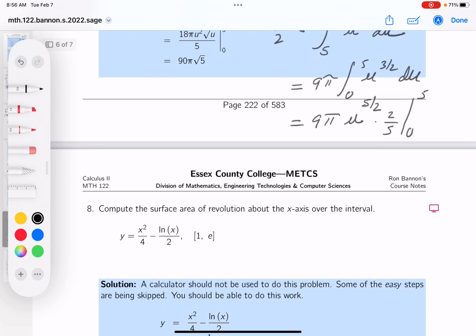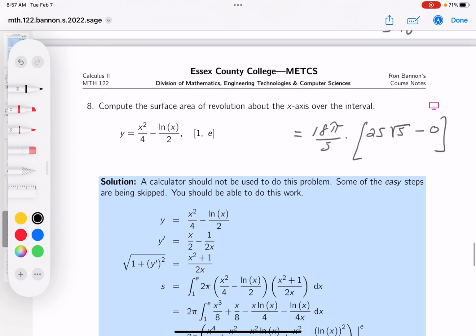What do you get there? It looks like 18 pi over 5. 5 halves is 2.5, which means 5 squared, which is 25, and then you'd have a root of 5. The limit of 0 is easy, though. It's just simply minus 0.